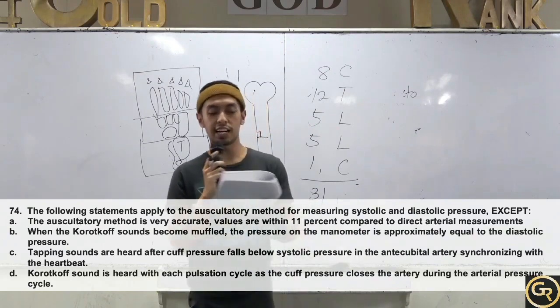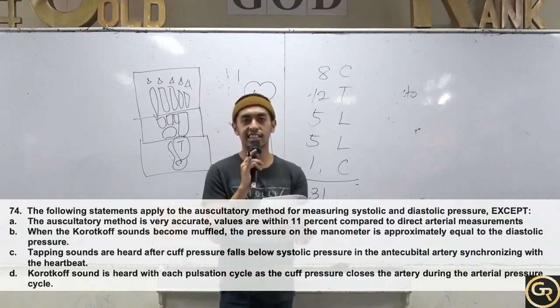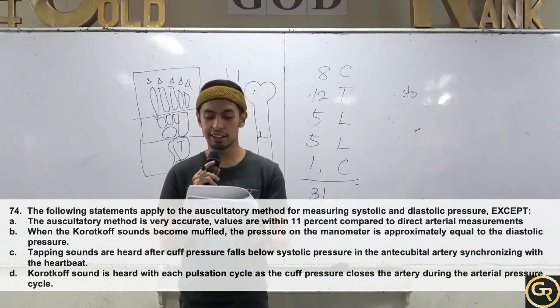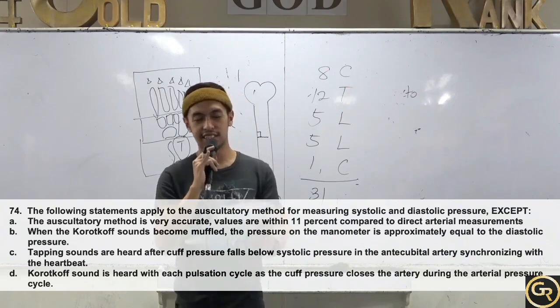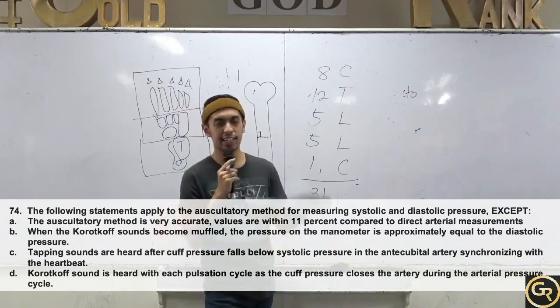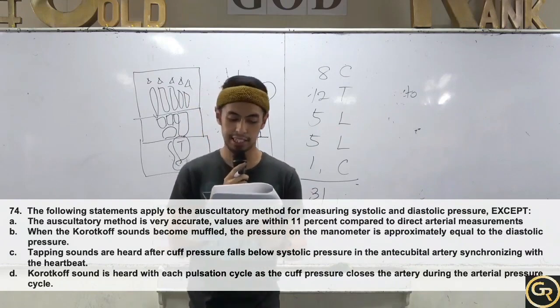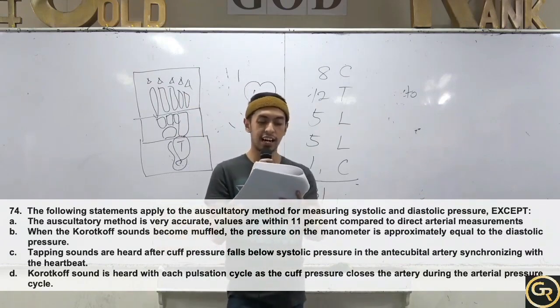Because based on your Guyton, the auscultatory method is not entirely accurate. Values are within 10%. Okay? Paki-take note. It should be 10%, not 11%. Again, 74, letter apple.